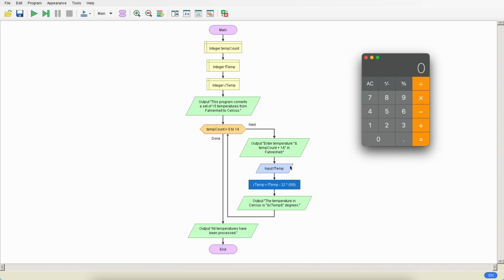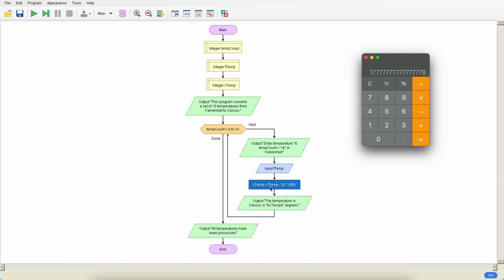But according to the order of operations, the first thing it will do is calculate what's in parentheses. So 5 divided by 9, 0.55555. And it will multiply that by 32 because multiplication and division come next. So times 32, okay?